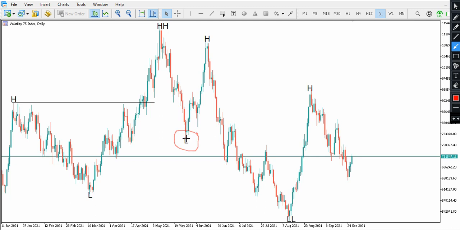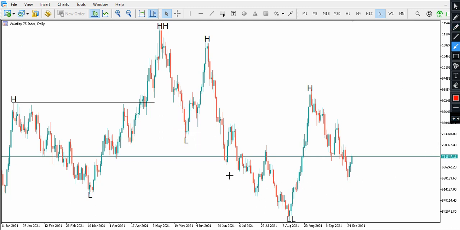Why? Because we do not have a low that has been taken by this move, and we do not have a high that has been taken by the move after the price rejected here.